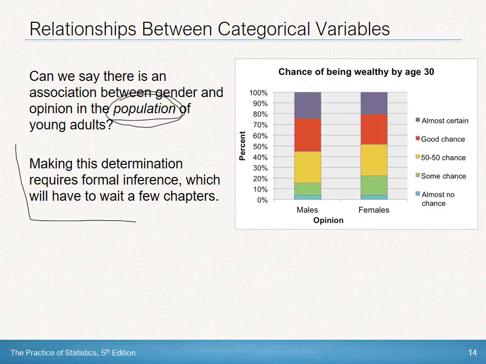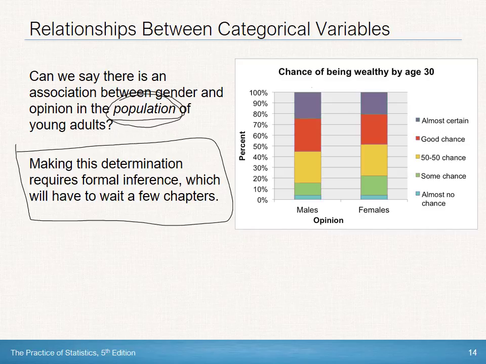However, right here, making any statement or determination about the population of all men and women, young men and women, would require formal inference, which we won't get into until the very last chapters of the book, which is next semester. Okay, so just keep that in mind.